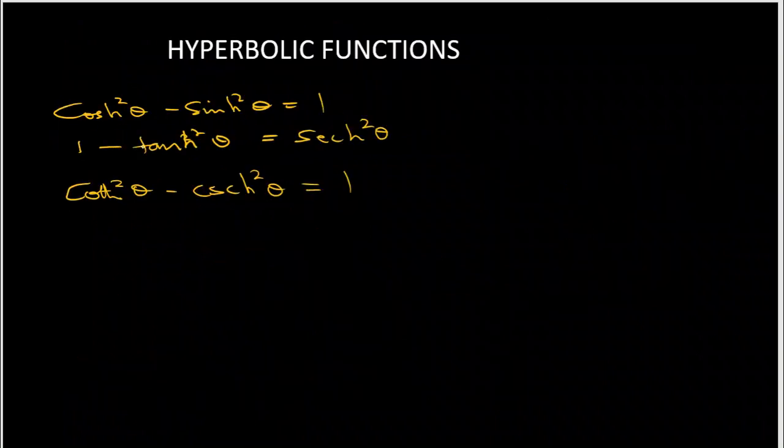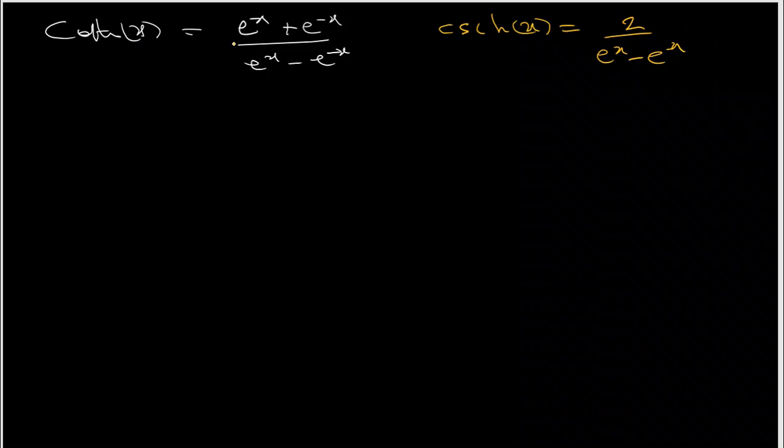Let's pick the last identity, which says coth square x minus the hyperbolic cosecant square x is equal to 1. Now, coth x is defined as e to the power x plus e negative x over e power x minus e power negative x. The hyperbolic coth x is just the reciprocal of the hyperbolic tanh x.